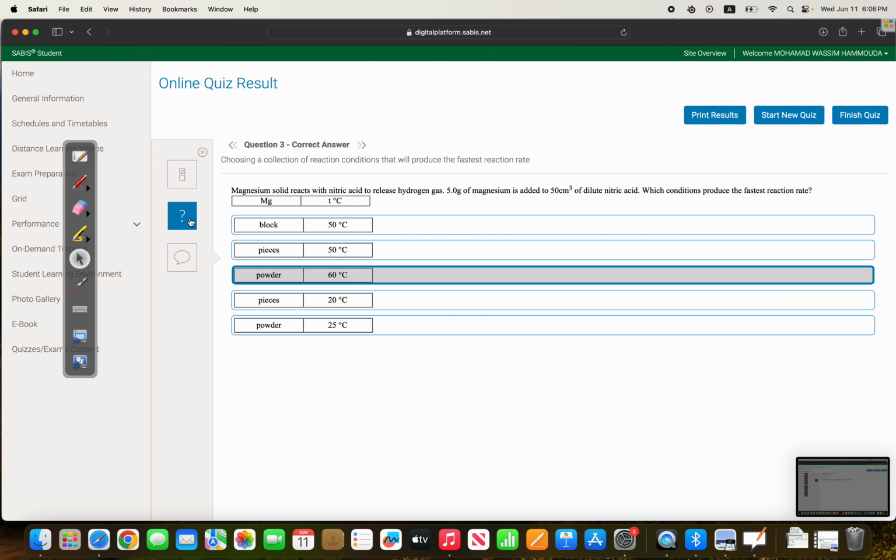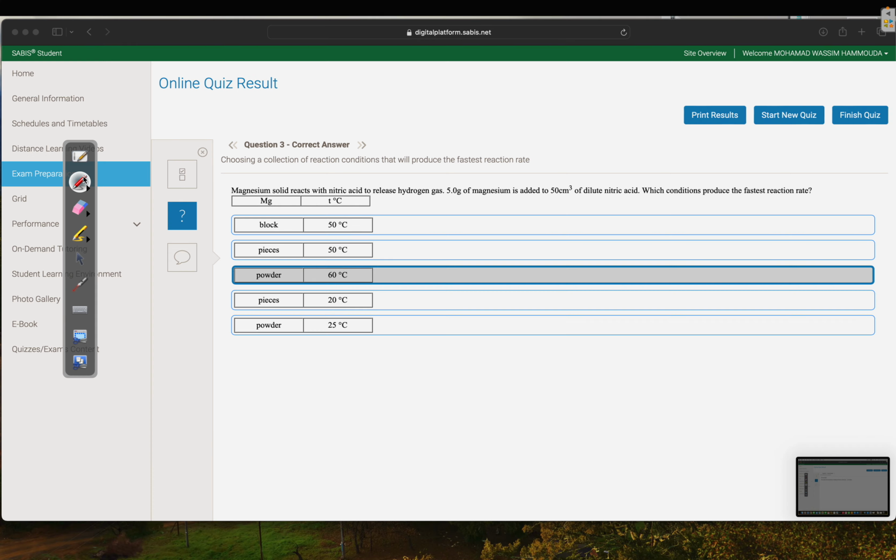Number 3. Magnesium solid reacts with nitric acid to release hydrogen gas. 5 grams of magnesium is added to 50 centimeter cube of dilute nitric acid. Which conditions produce the fastest reaction rate? First of all, let's see which factor they're asking for.